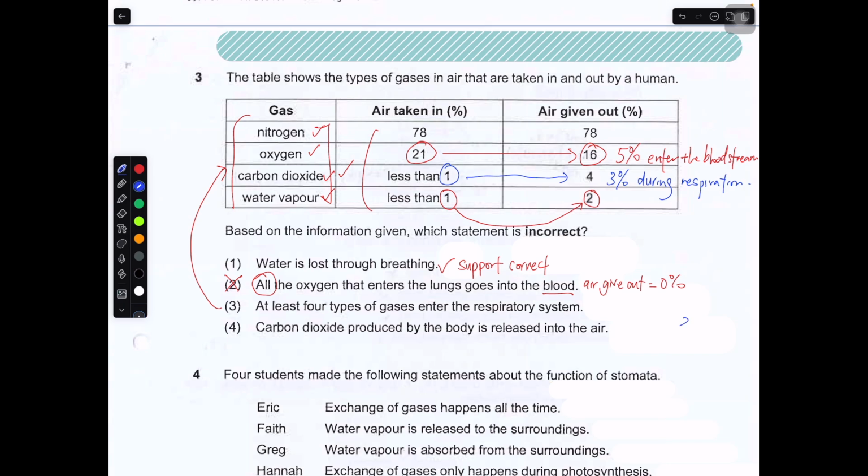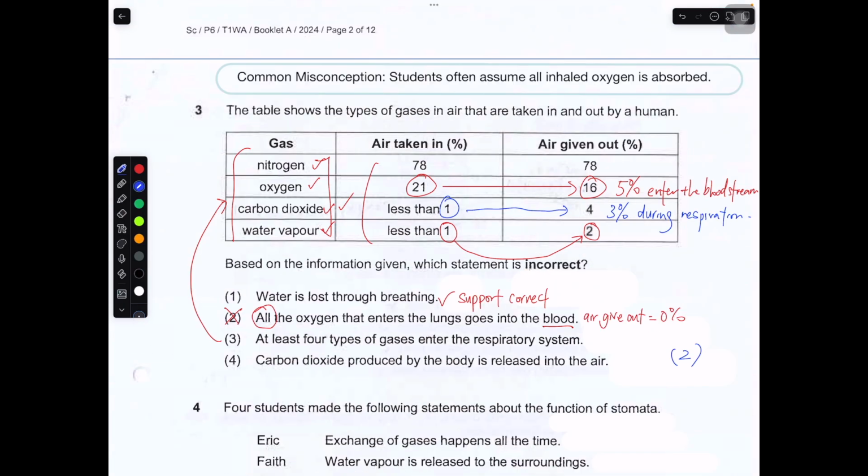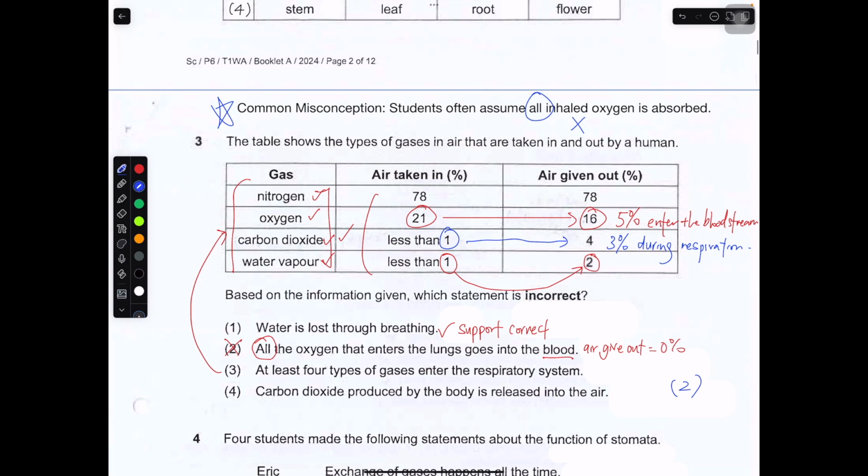So number 2 is the correct answer. This is actually one of the misconceptions that students commonly have. Students often assume that all the inhaled oxygen is absorbed into the bloodstream. This is wrong. Usually when we are studying this topic, we take the function of the respiratory system as take in oxygen, give out carbon dioxide.